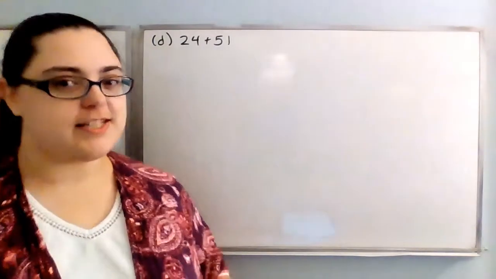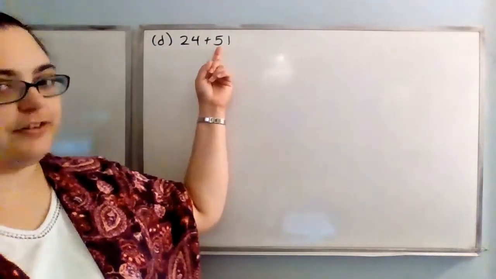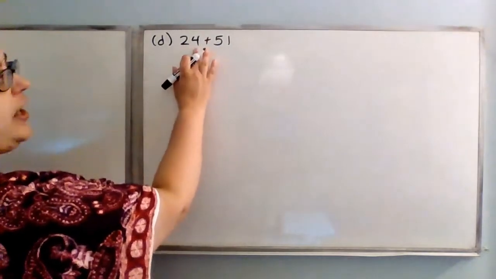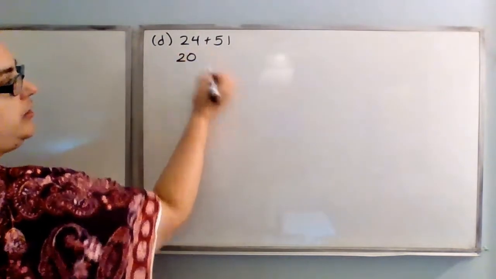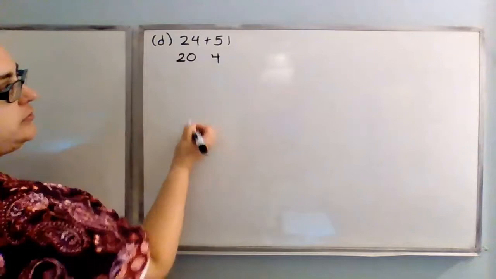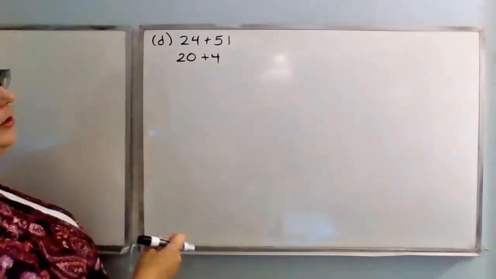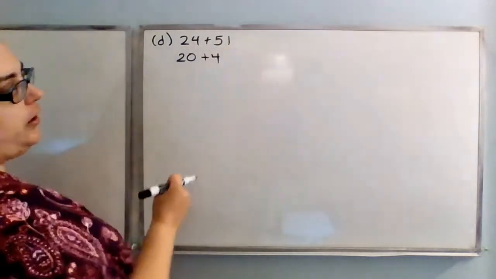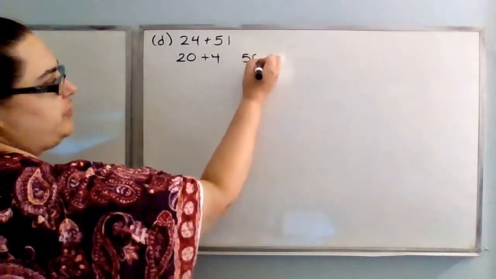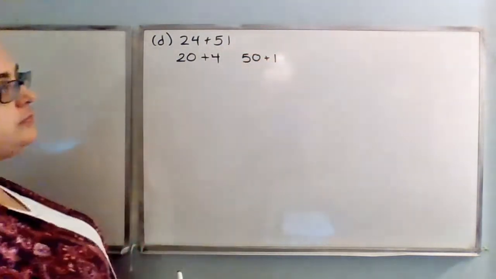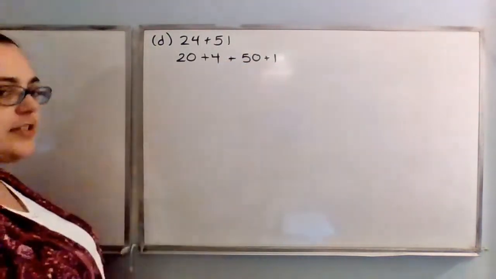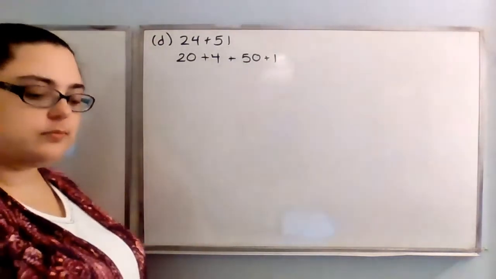Okay, so for this next example, we have 24 plus 51. I'm going to think of 24 as the same as 20 and 4. 51 is the same as 50 and 1. So if I'm adding these two things together, I can split up each number in this way.